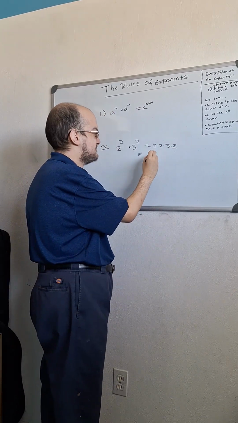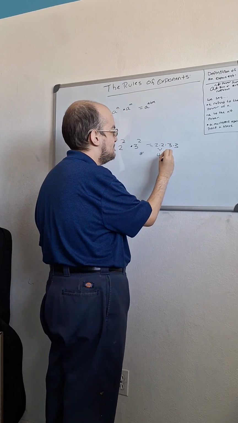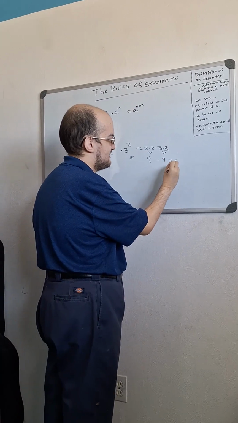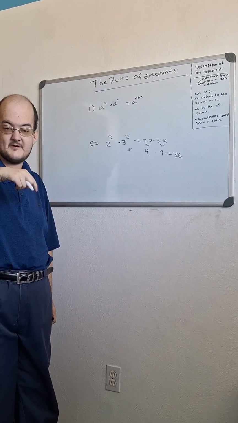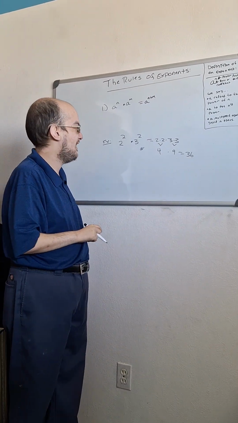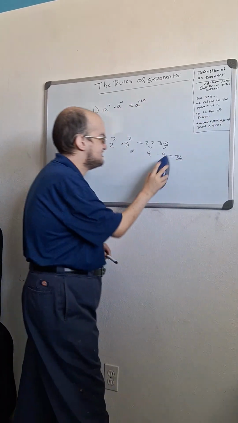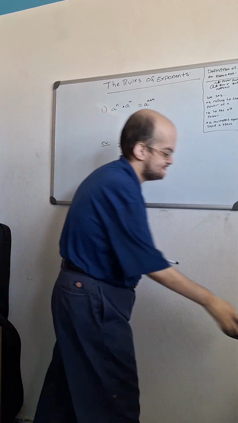Alright, so we're going to do 2 times 2, which is 4. Alright, 3 times 3, which is 9. 4 times 9, if you do not know your multiplication tables, go back to the Basic Math Tutor. 4 times 9 is 36. So what is an easier way of writing?